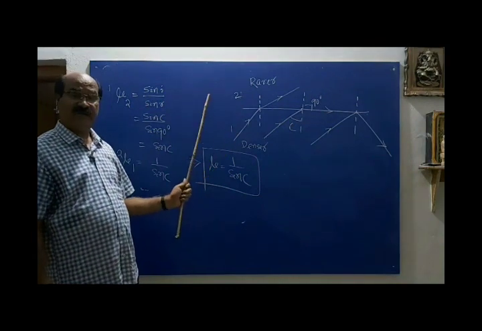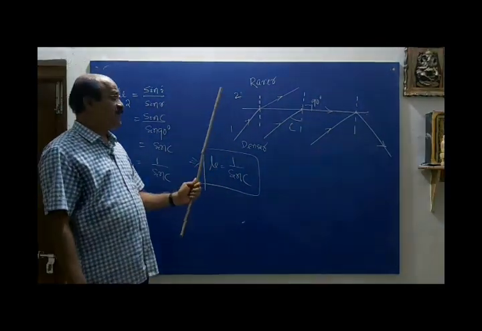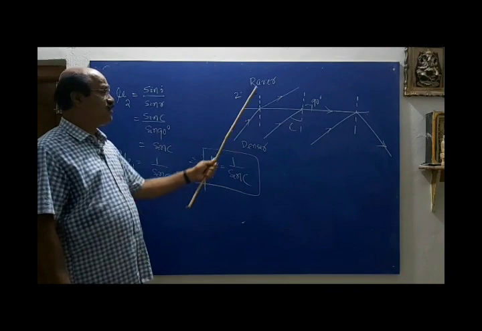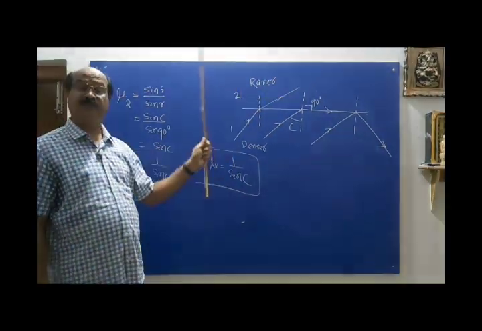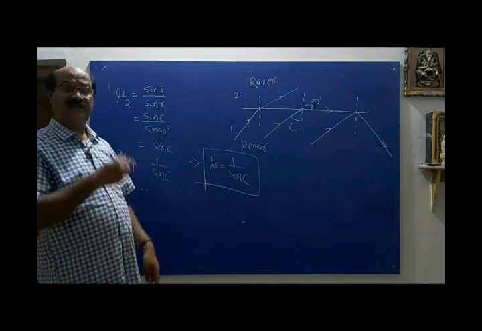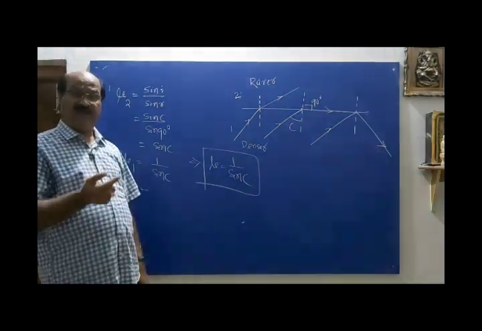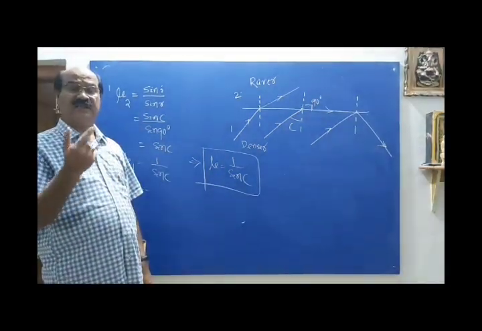Again I am repeating: if a ray of light travels from a denser medium to a rarer medium, the refracted ray bends away from the normal. As you go on increasing the angle of incidence, the angle of refraction will also go on increasing.